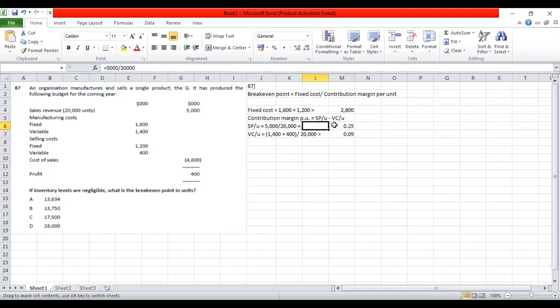We can now find out what is contribution margin per unit.